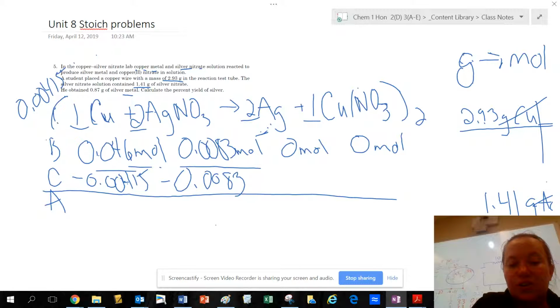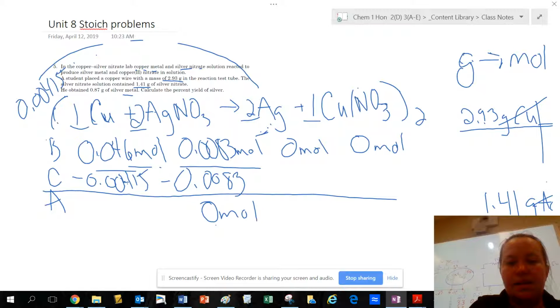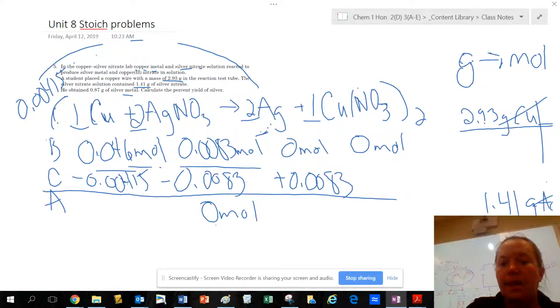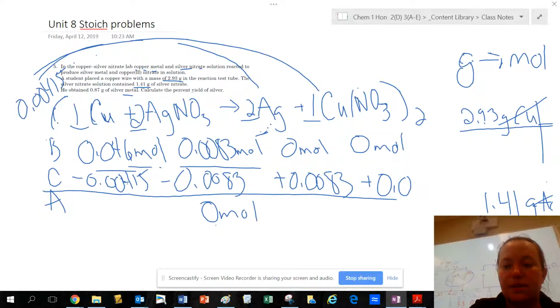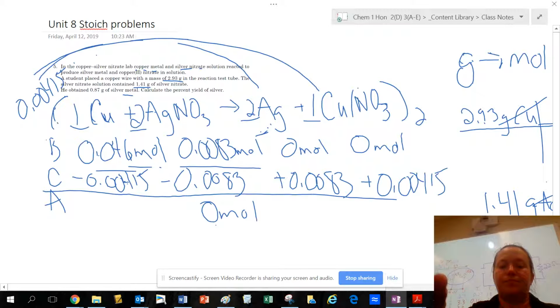I'm going to use up all my silver nitrate, so I'm going to be left with no silver nitrate in the end. And I'm going to make, so 0.00415 multiplied by 2, plus 0.0083 moles of silver and 0.00415 moles of copper nitrate.